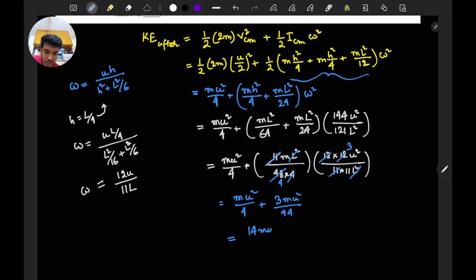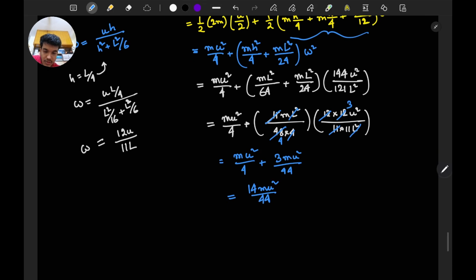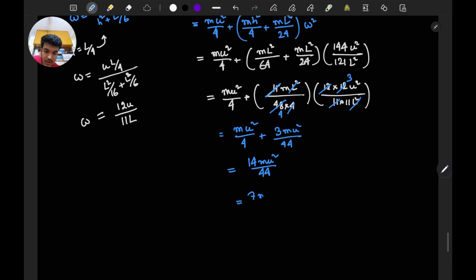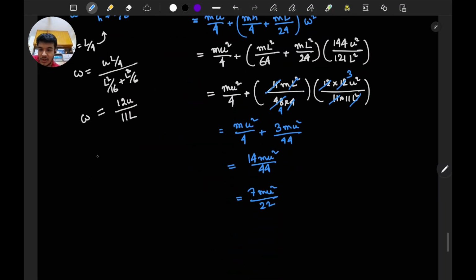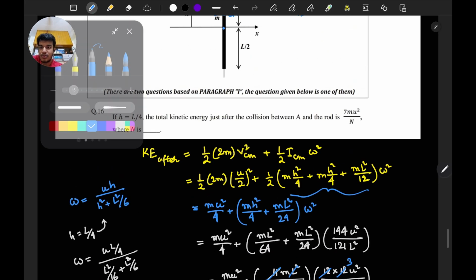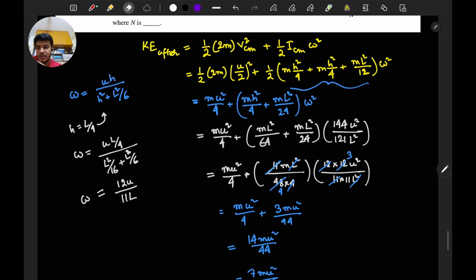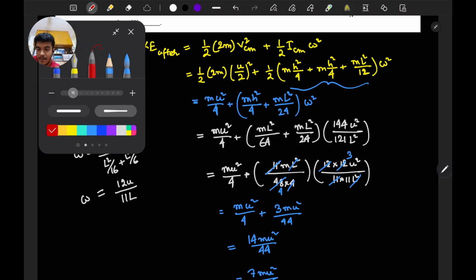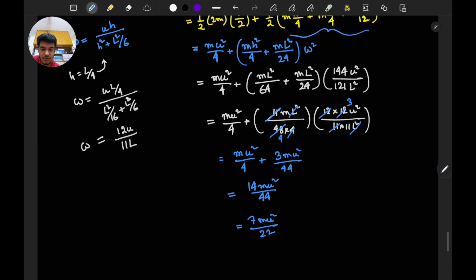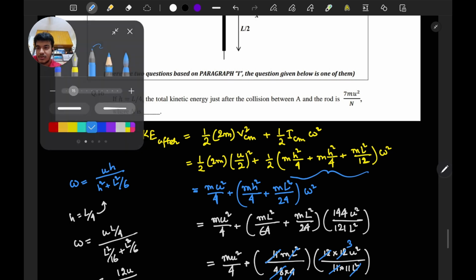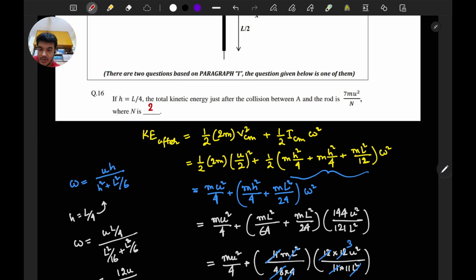So it is 14 mu square by 44, or it is 7 mu square by 22. So my capital N is 7 mu square by 22, so my capital N must be 22. Answer to question 16 is 22.